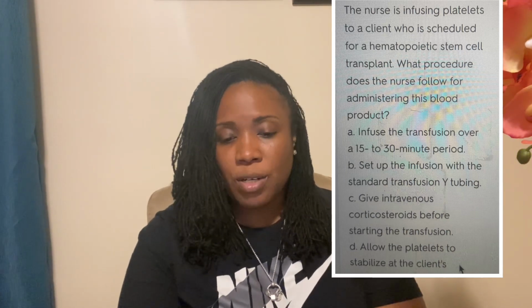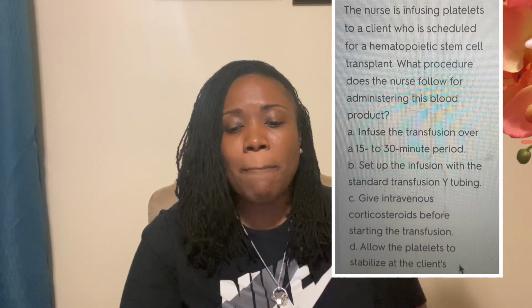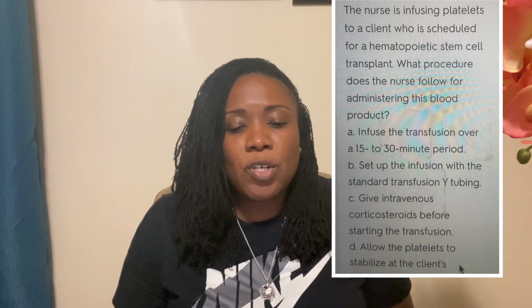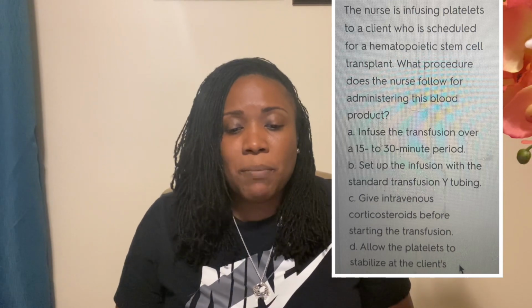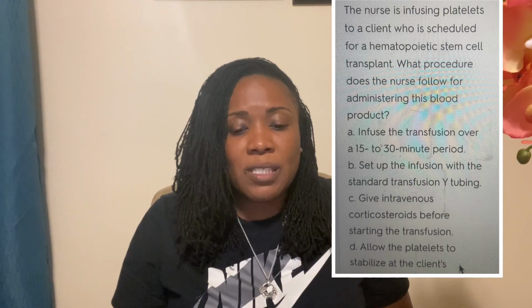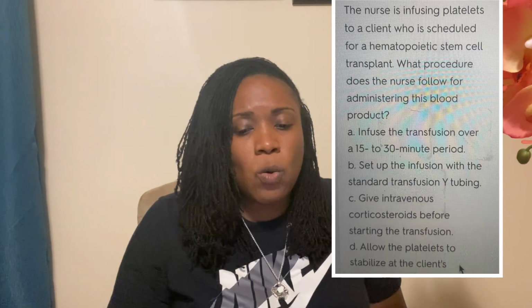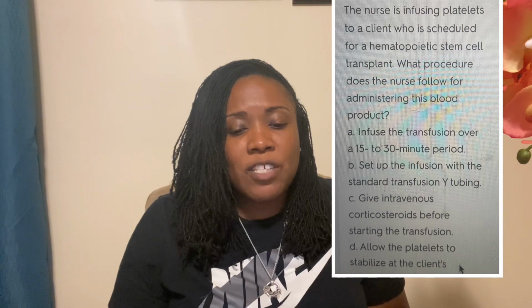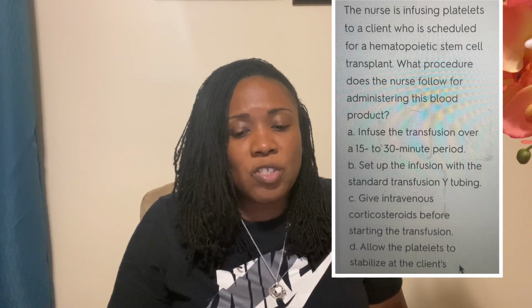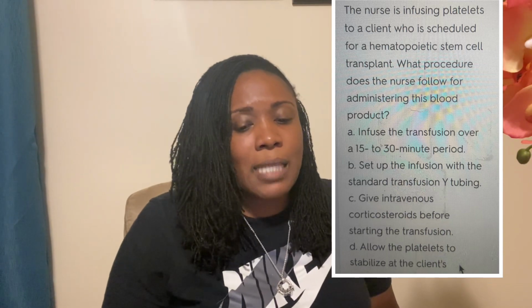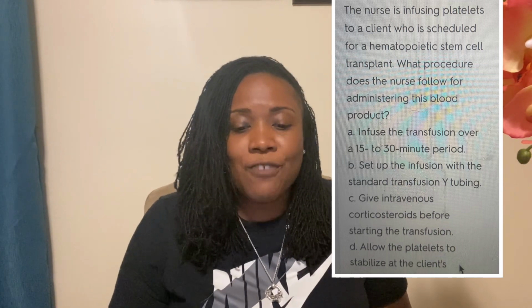What procedure does the nurse follow for administering this blood product? A says the transfusion over 15 to 30 minute period. B says set up the infusion with the standard transfusing wide tubing. C says give intravenous corticosteroids before starting the transfusion. D says allow the platelets to stabilize at the client's bedside for 30 minutes.